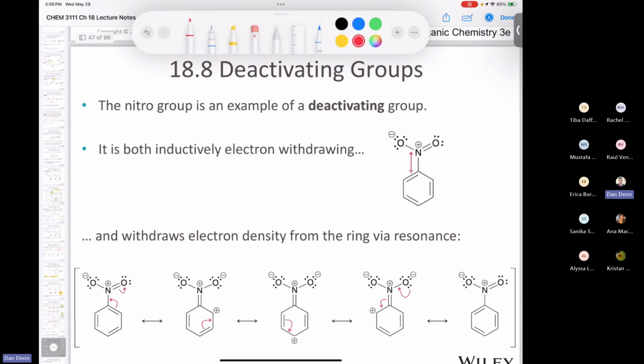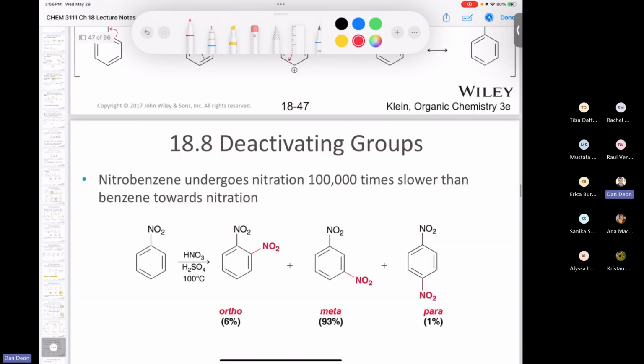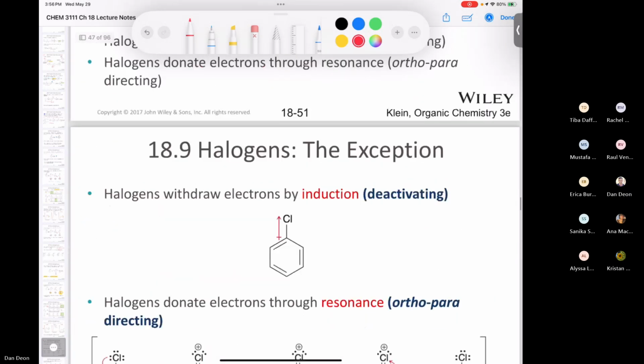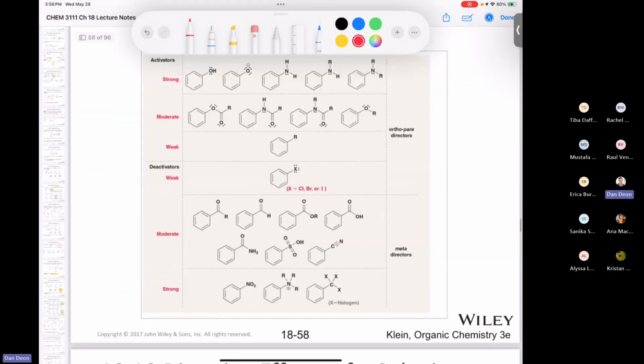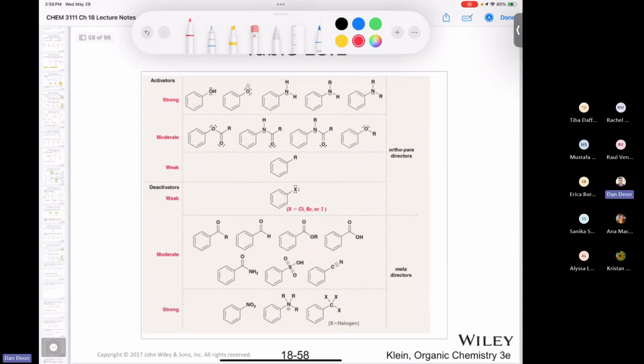So what we'll do is save the deactivating groups for Friday. However, what I'd like you to try to do is read the remainder of the chapter. See if you can read the rest of chapter 18. At a bare minimum, I would like you to read up to the point where you get to table 18.1, because everybody has to memorize table 18.1.